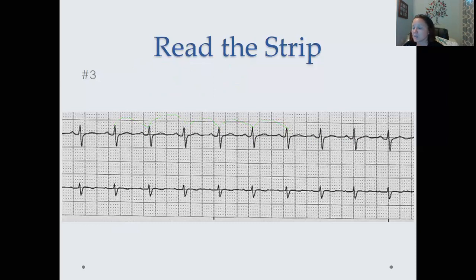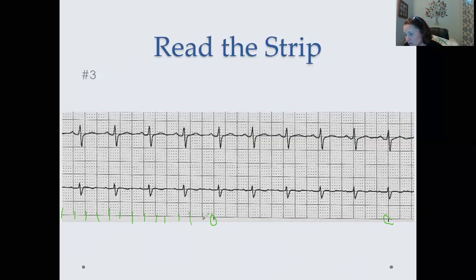The last thing is the rate. So we have, here's a 3-second tick mark. Here's a 3-second tick mark. This is going to be a 3-second tick mark, but we'll count it out just to be sure. So we got 1, 2, 3, 4, 5. 1, 2, 3, 4, 5.